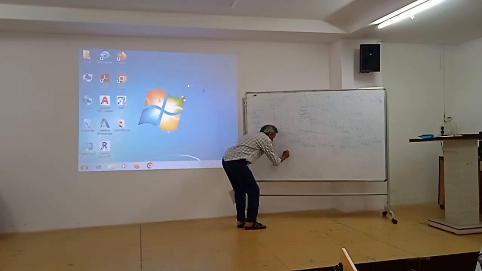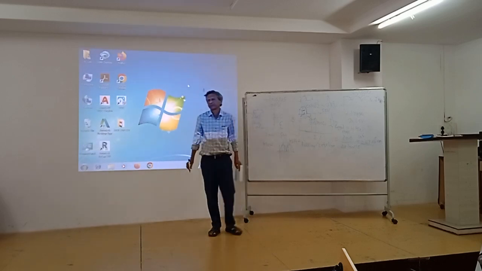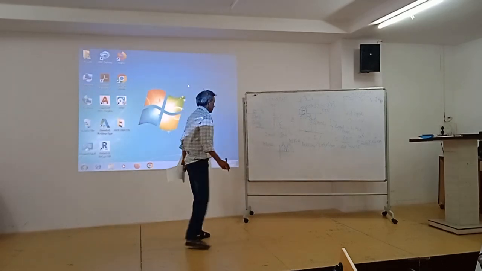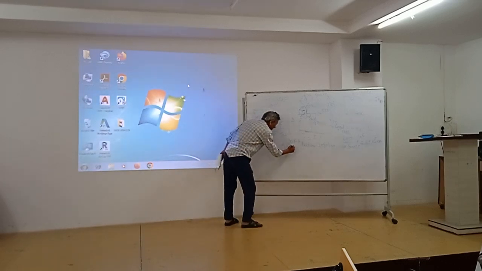Suppose this is fully rectified, I am drawing fully rectified voltage. The current will be like this, highly peaky current. This is my V out, and this is my I out.